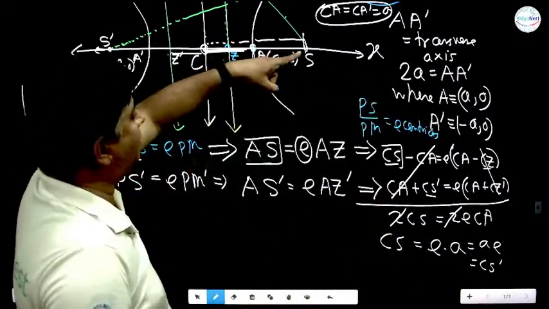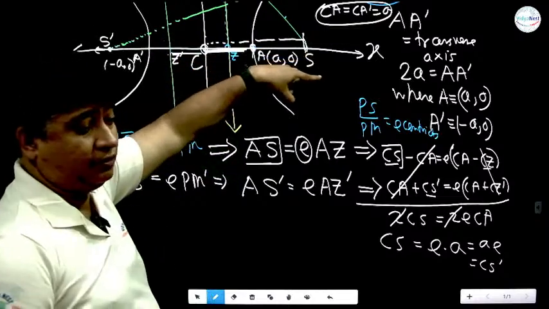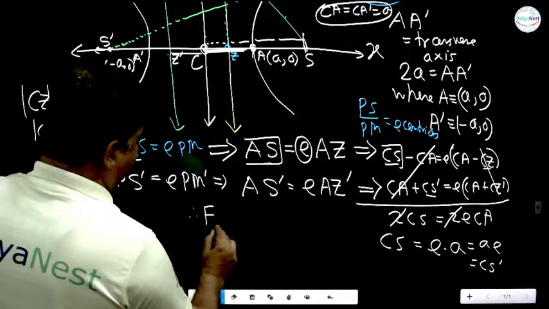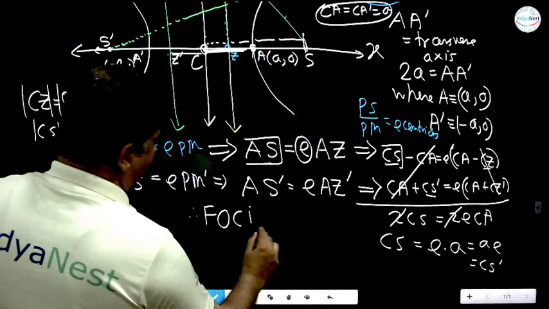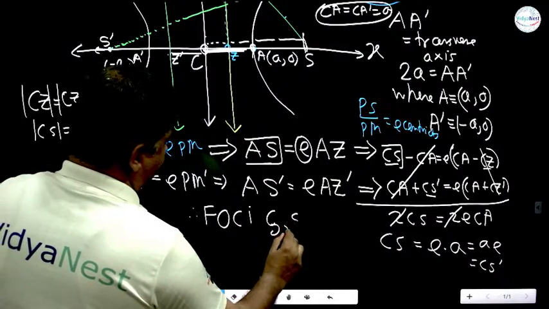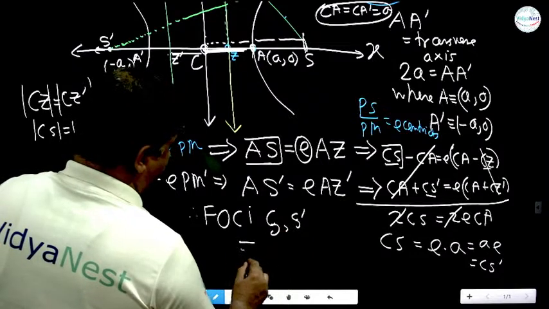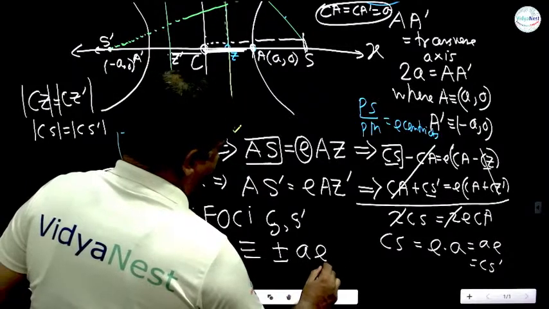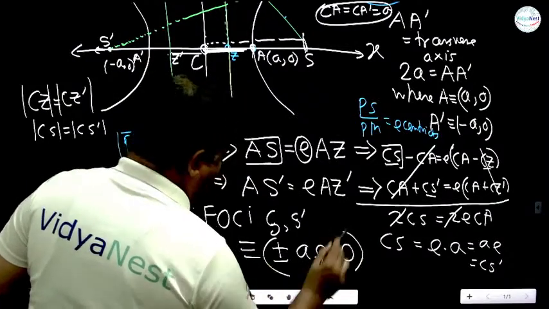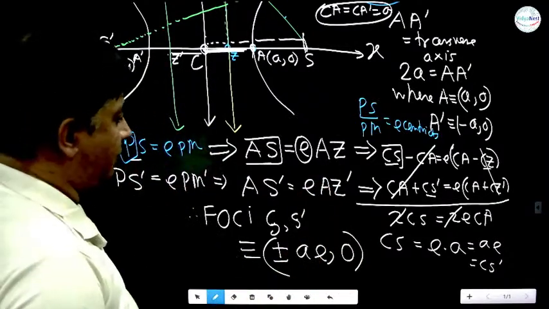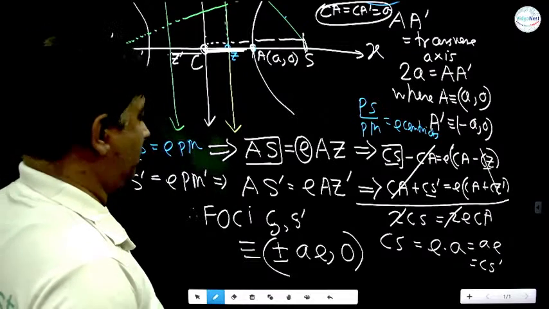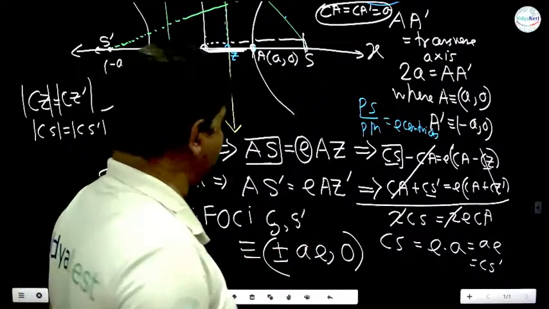So I have got the coordinates of the two foci. Therefore, foci S and S dash are plus minus AE comma 0. Understand? E is eccentricity, that you know.